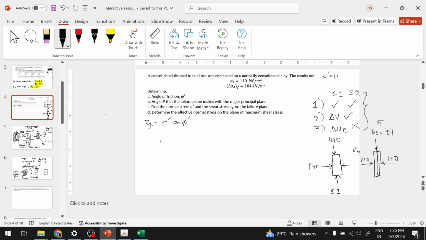So the major principal stress sigma 1 will be, as I told you, sigma 3 plus delta sigma.